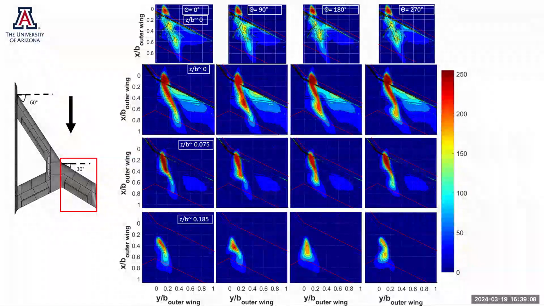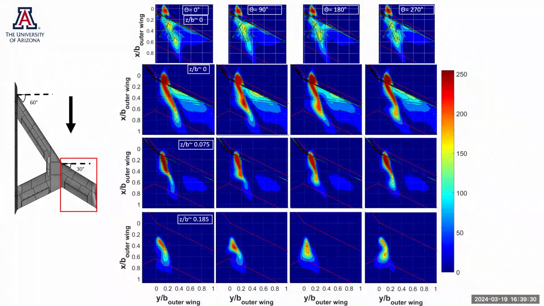Now, the unconventional technique that we used was the POD approach that I mentioned earlier, applied to these smoke flow images. So we were doing POD on smoke pixel intensities in these images. And these are the results.